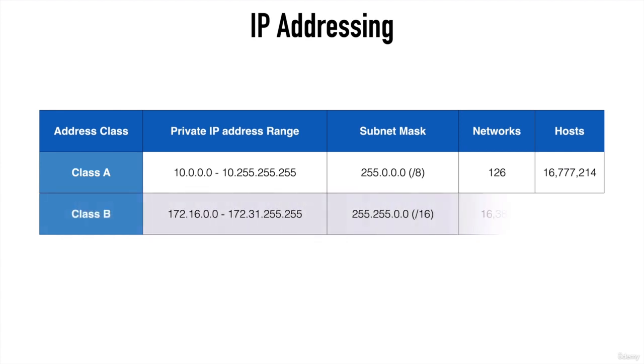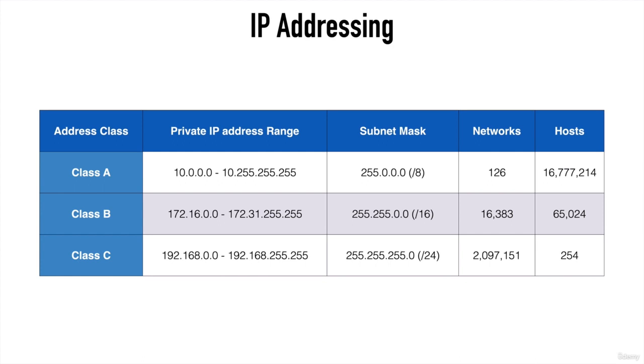Class B ranges from 172.16.0.0 through 172.31.255.255. And that has a subnet mask of /16, or in other words, 255.255.0.0. Now here we have more networks, over 16,000, and just over 65,000 hosts per network.